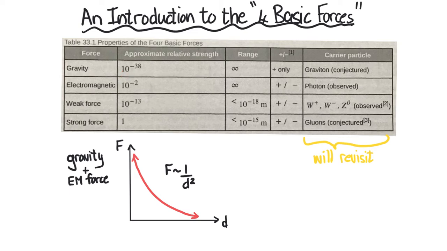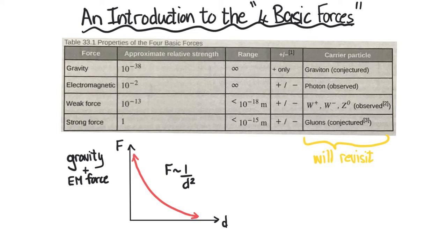Now we know that gravity is a significant force in the universe. And the reason for that is that gravity is purely attractive. So that plus sign there is for attractive. The negative sign is for repulsion, or repulsive. But we see that gravity is purely attractive. And so when you have a large amount of mass together, like for instance in a planet, or in a star or in a black hole, then all of that adds up.